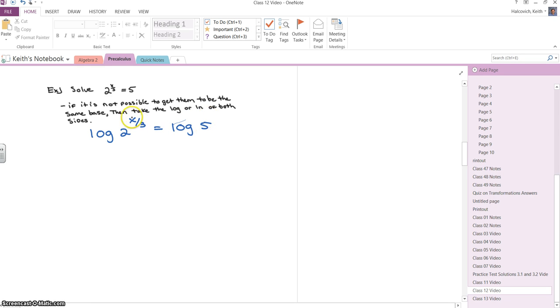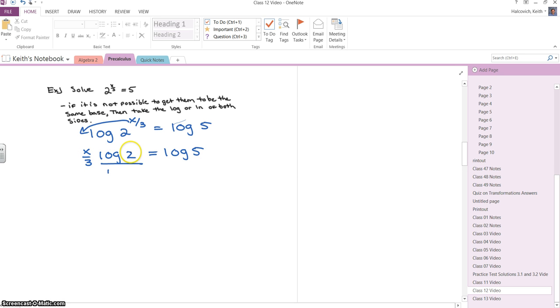Now remember, our goal is to solve for x, and one of the properties of logarithms is to roll the exponents to the front. So x over 3 times log 2 is equal to log 5.